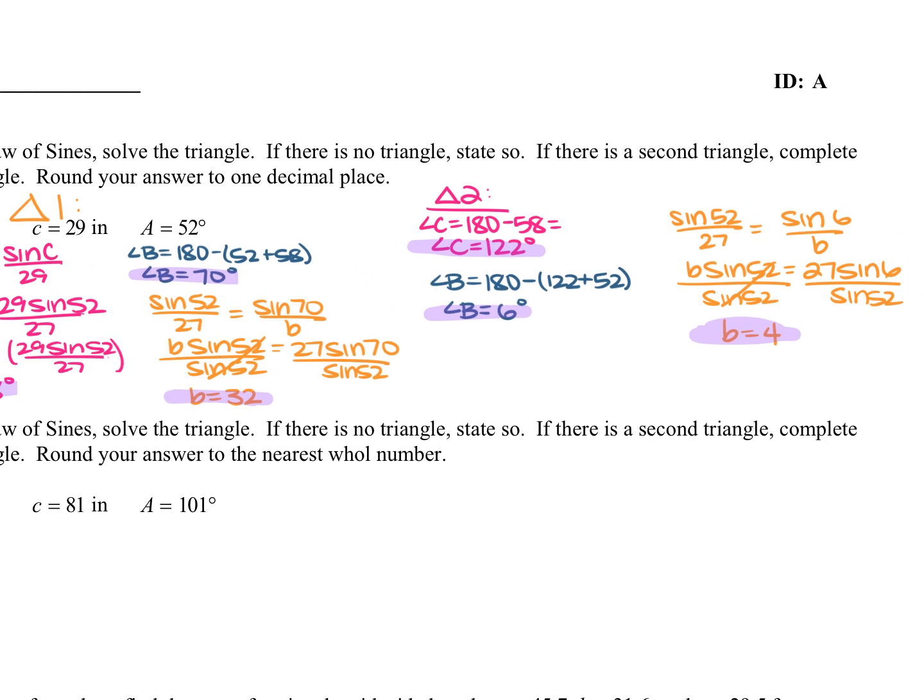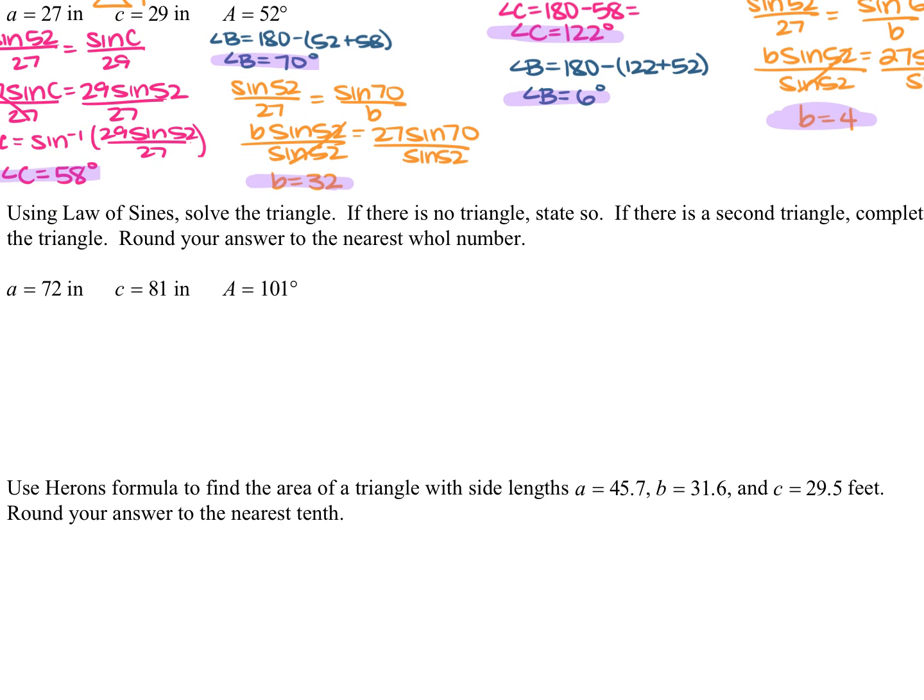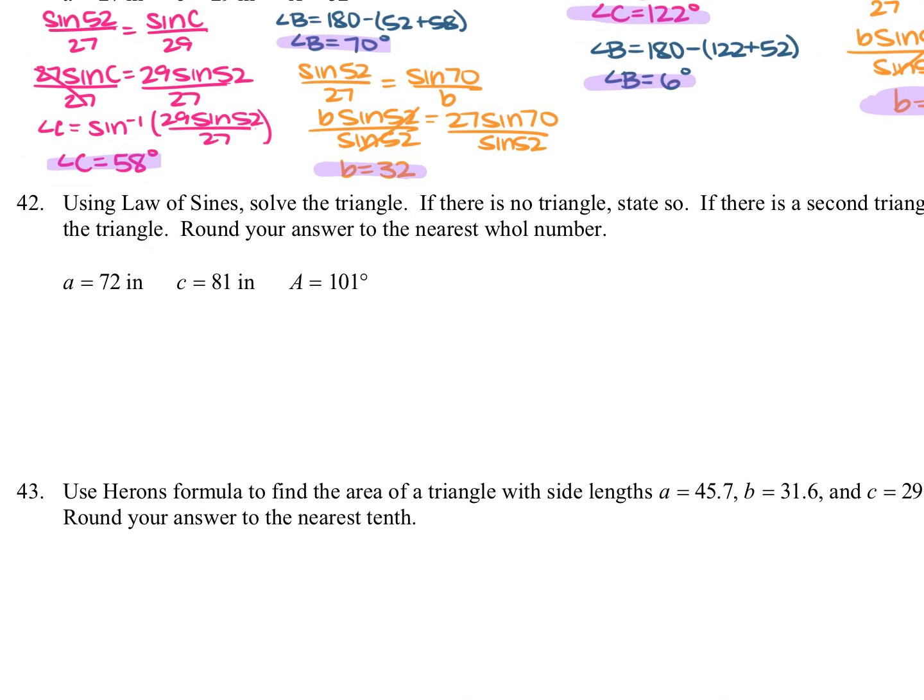Next, we're going to look at number 83 from your review. You have a side A of 72 inches, side C of 81 inches, and angle A of 101 degrees. So you're going to first find angle C by doing the sine of 101 over 72 is equal to the sine of C over 81.